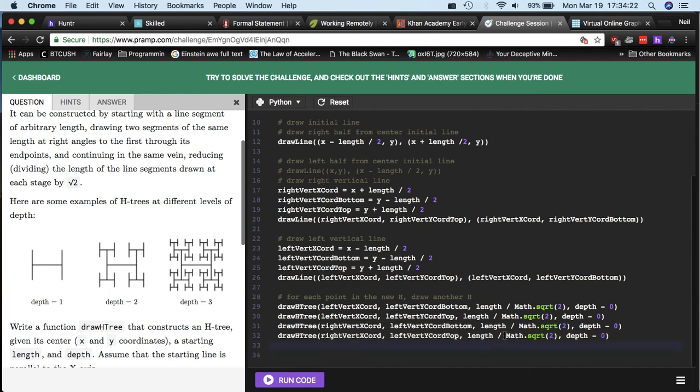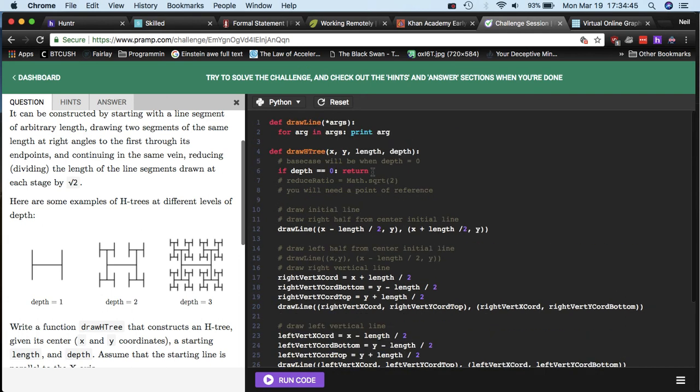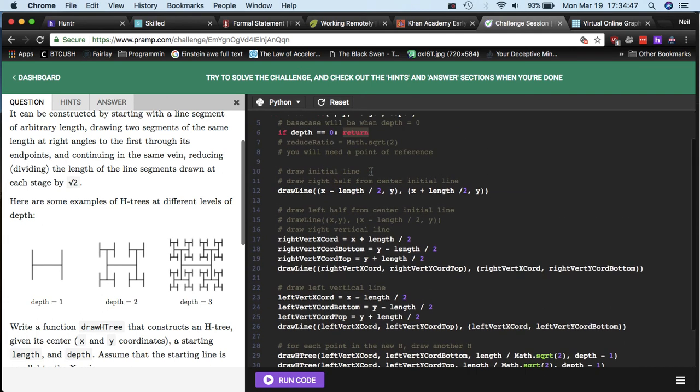And then the lengths are just going to be decremented by a ratio of square root of 2. You want to decrement your depth by 1, since you're working away until your depth total is 0. So if you start at 3, you would get to 0, and then you just hit this return, which breaks out of the function.